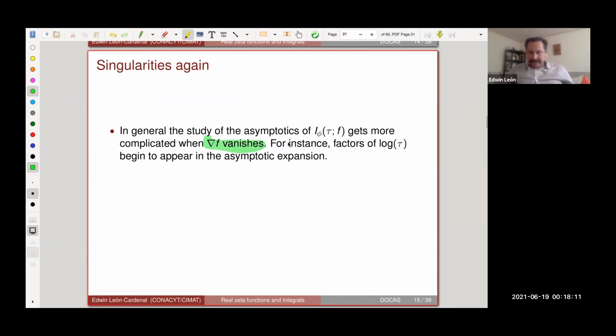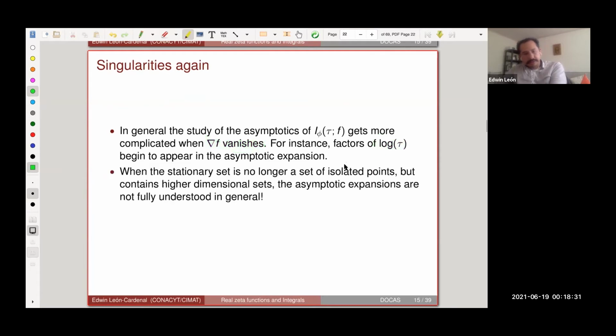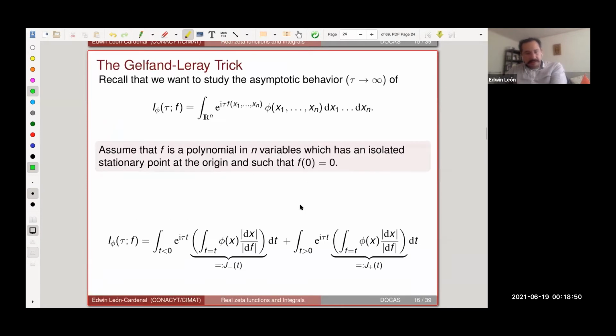For instance, in the asymptotic expansions, there will be not just terms with negative powers of the parameter, but also there will appear some factors of log tau. Okay, we will see this during the presentation. So when the stationary set is no longer a set of isolated points, the asymptotic expansions are not fully understood in general. And you will need to use a resolution of singularities at the very least.